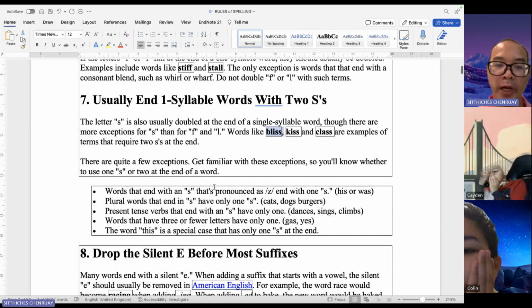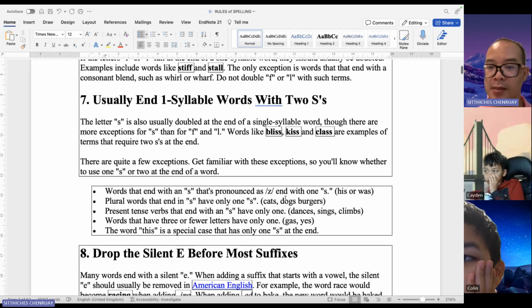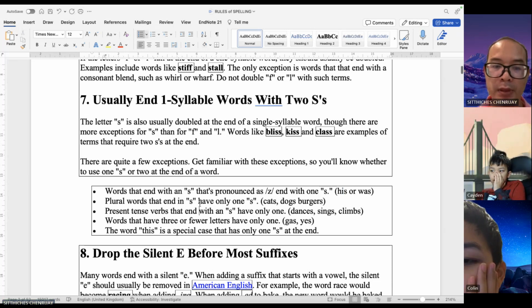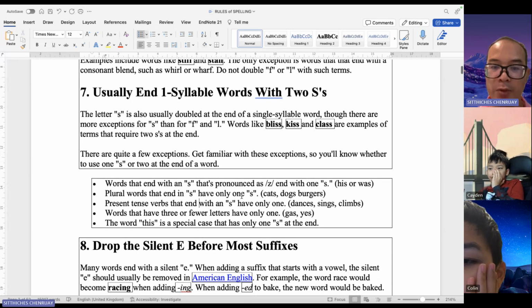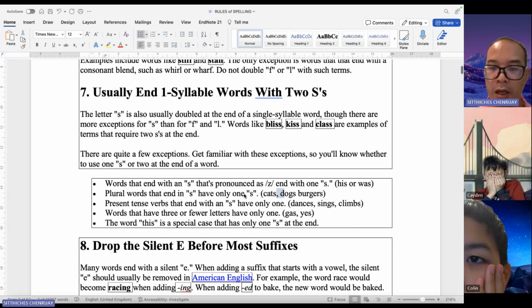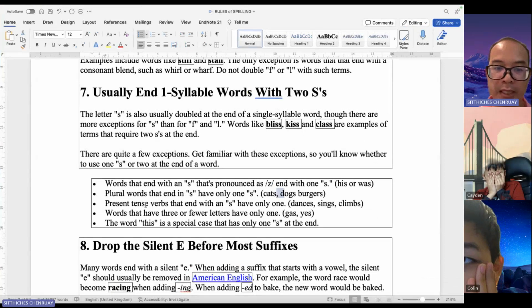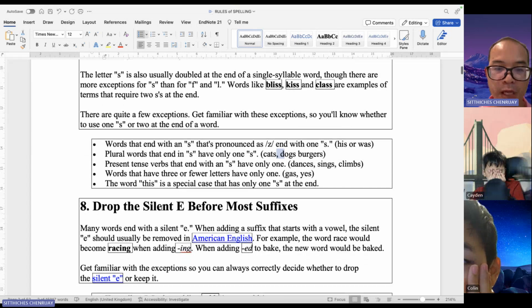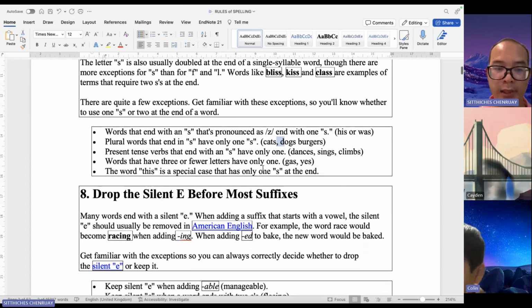Then words that end with S that's pronounced as a Z sound, for example, his, was, but we write S. And plurals have only one S: cats, dogs, burgers. Dances, a present tense verb, and words of fewer letters have only one S.